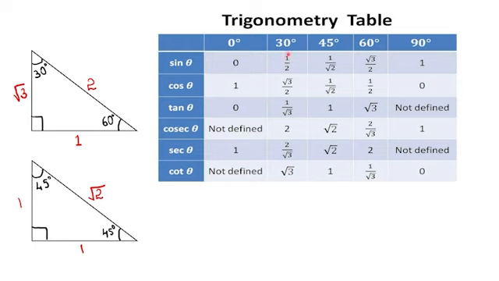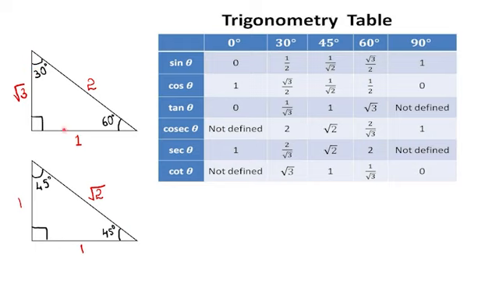But I would say please don't memorize it, because sometimes you may get confused between 1 by 2 and 1 by root 2. For the angles 30, 45, and 60 degree, you have two triangles. If you remember these two triangles, it is very easy to tell these three angles with respect to the six functions. You know the definition, so just remember the definition and implement it in these triangles.